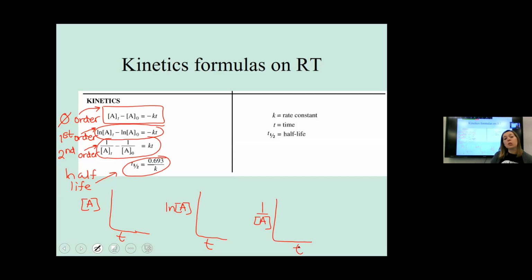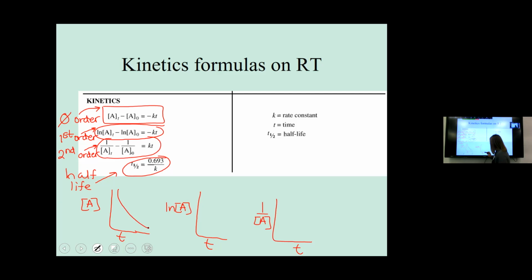Whichever graph produces a straight line, or with our lab data, closest to a straight line, that will tell us what the order of the reaction is. So let's say that we graph these and we get a line like that. That's not very straight, so our reaction was not zero order.